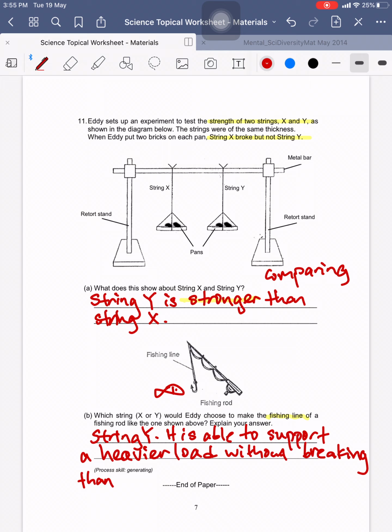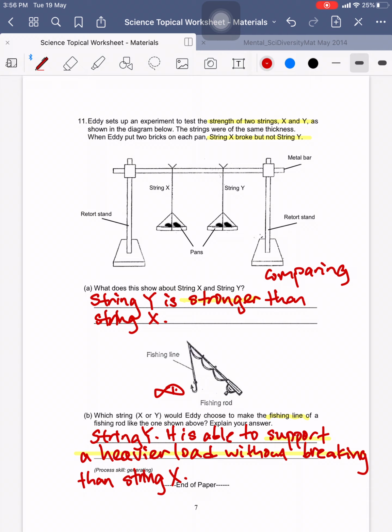Okay, then string X. So this phrase, support a heavier load without breaking, is really important when you're talking about strength, this property, and comparing between two materials, these two strings X and Y. You want to use this phrase, it is able to support a heavier load without breaking than string X, all right, so that we can make this comparison. Okay, so this will be the answer for question number 11.